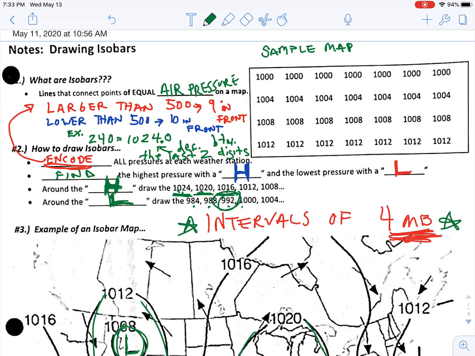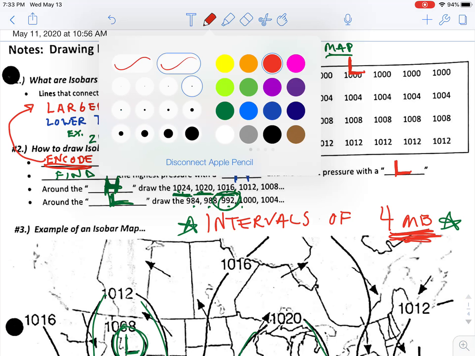Okay, so let's put this into practice in a very, very simple map, this sample map that we have in the upper right-hand corner. Although this is not realistic, we see that there's a bunch of thousands. Those are my lowest numbers here, so I'm going to put a big red L there.